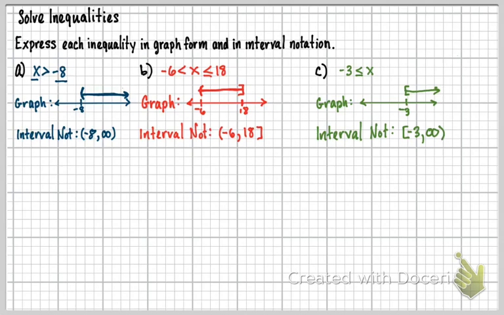I didn't express that in the first one, but I used a parenthesis there because infinity is an idea. It's larger than any number I can think of, so I can never really attain it. That's why I always have to use parentheses when I see infinities, if that's one of my end values. It's not really a value because it keeps going. But that's the solution sets. Graph form and interval notation.